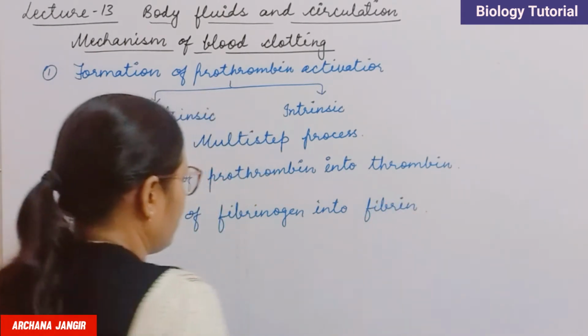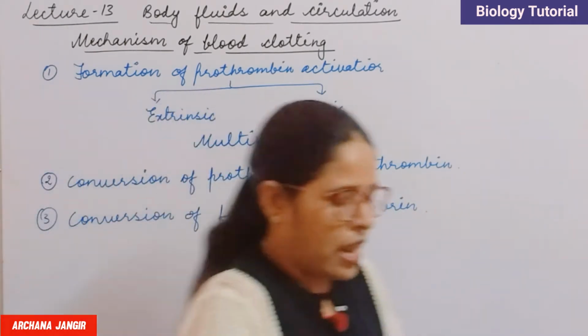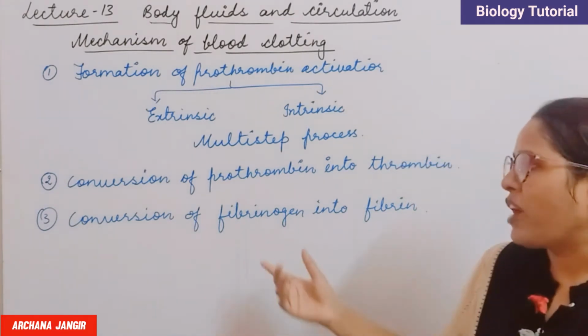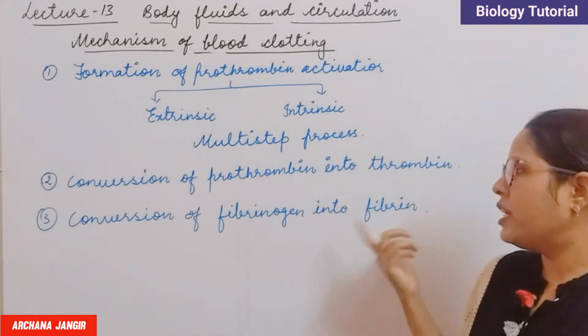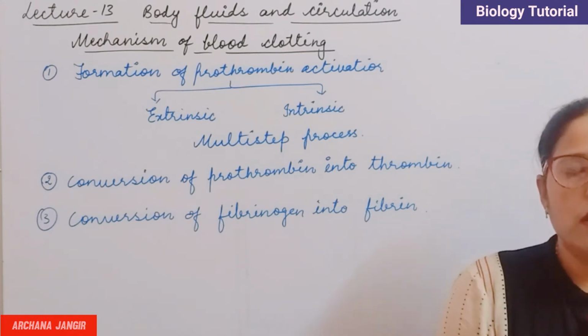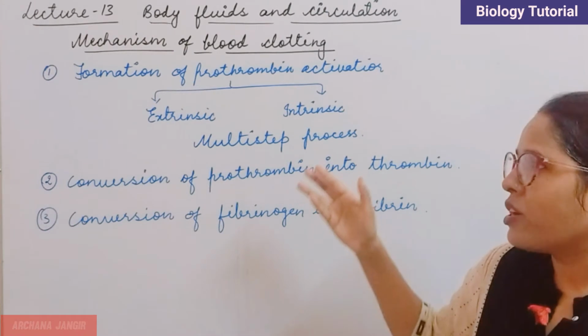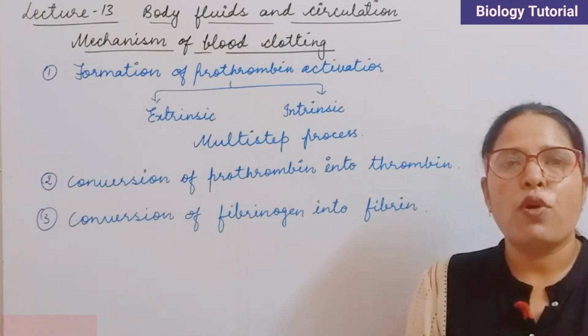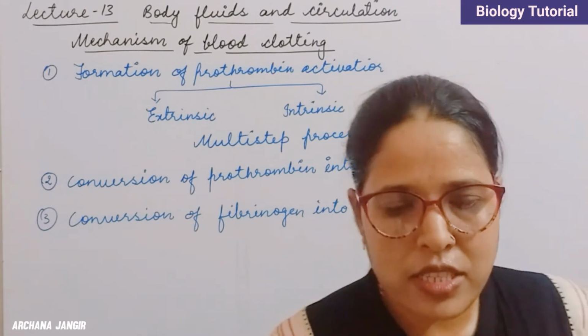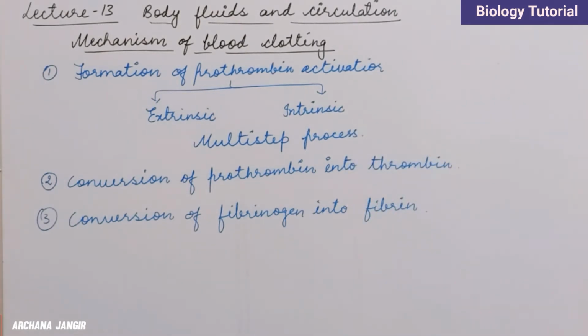Fibrinogen is a soluble protein and fibrin is the insoluble protein. So fibrinogen is converted into fibrin, and fibrin is the clot. Clear? These are the 3 important steps in which the process of blood clotting is completed. We will discuss these processes in detail one by one.